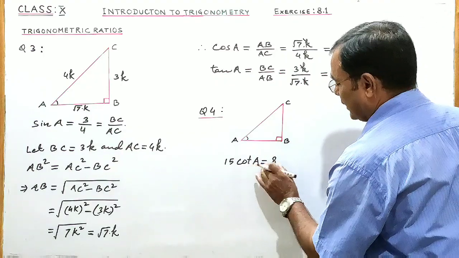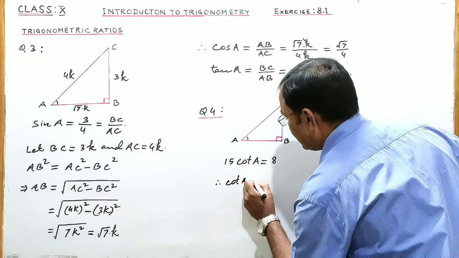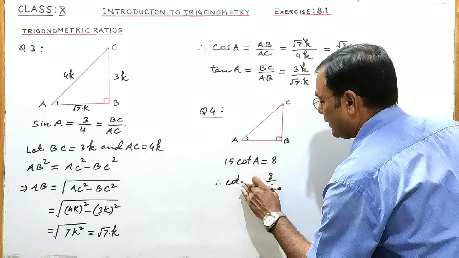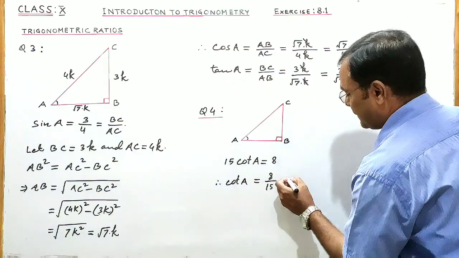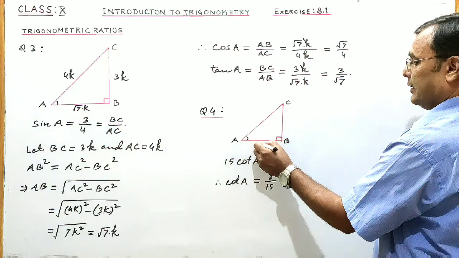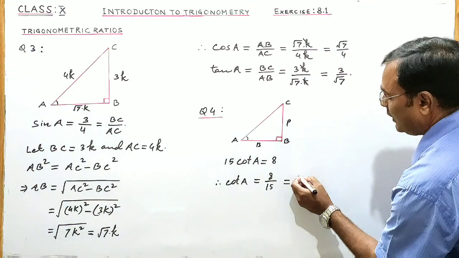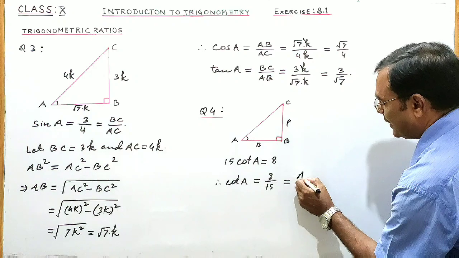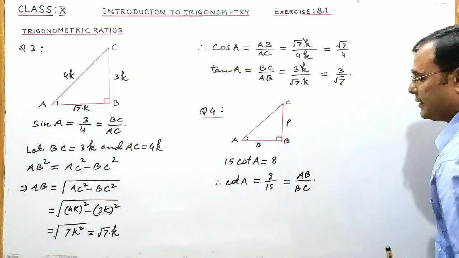So 15 cot A is equal to 8. So cot A is equal to 8 by 15. And how cot is defined? Cot is defined as base by perpendicular. For acute angle A, AB is base and BC is perpendicular. So cot A, 8 by 15, is equal to base AB by perpendicular BC.